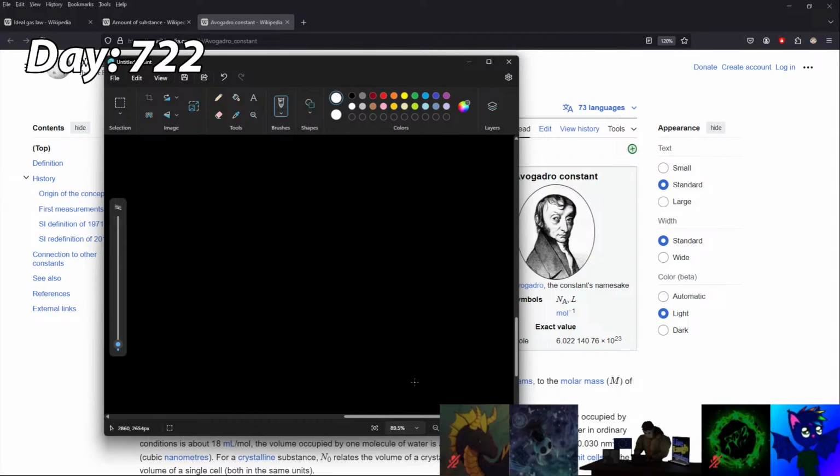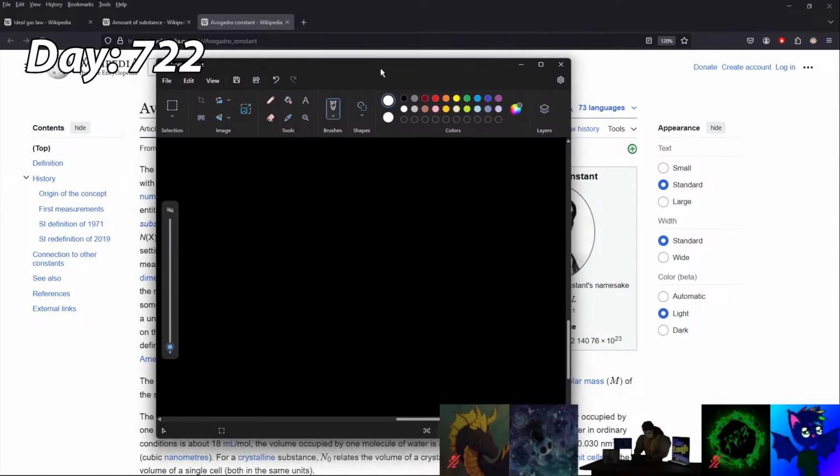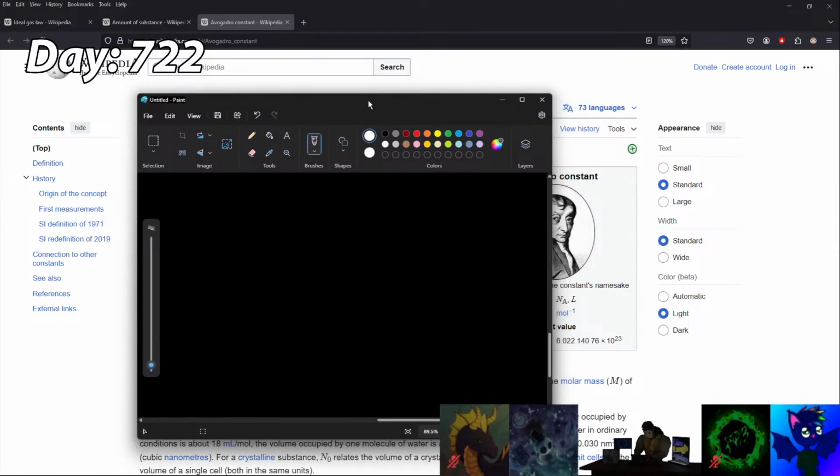But these are so insanely small that on a human scale, none of those are useful. So we made up units to define these dimensions in magnitudes that are useful on human scales and are comprehensible for humans. And that's the difference between the number of molecules and the amount of substance?